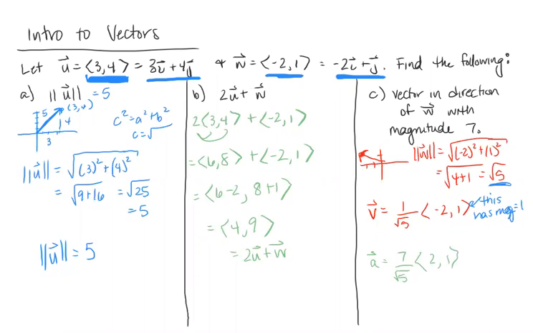This has magnitude equal to 7. If you don't trust that, let me do this on a different page to show you that. 7 over root 5 times negative 2, 1.